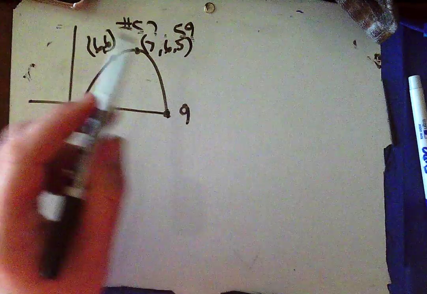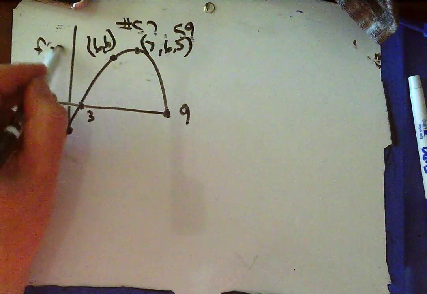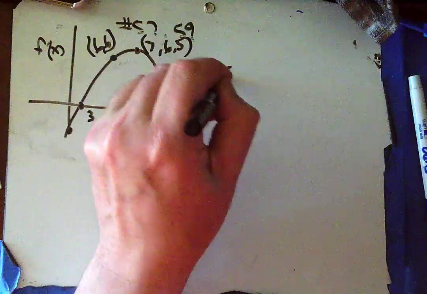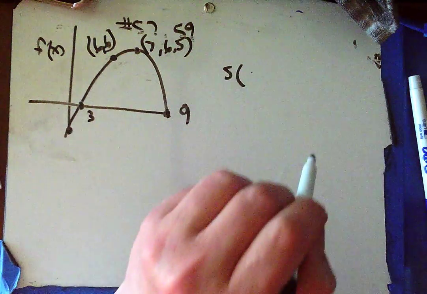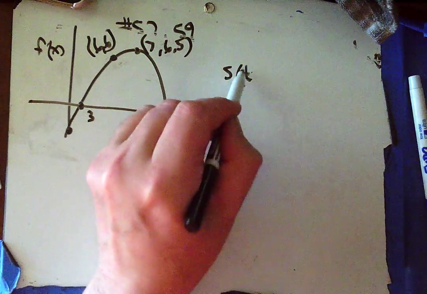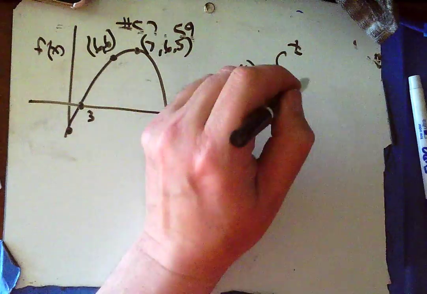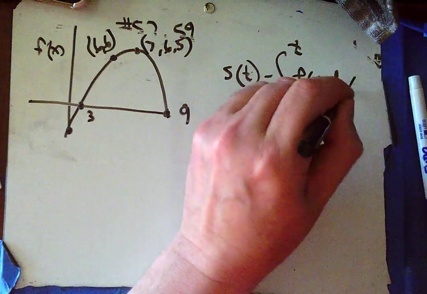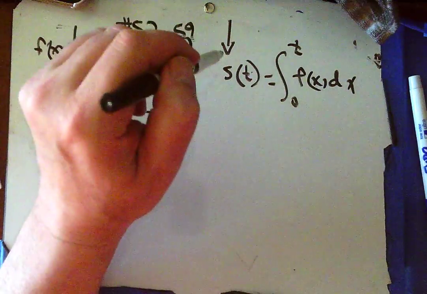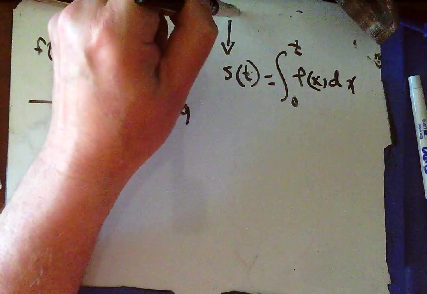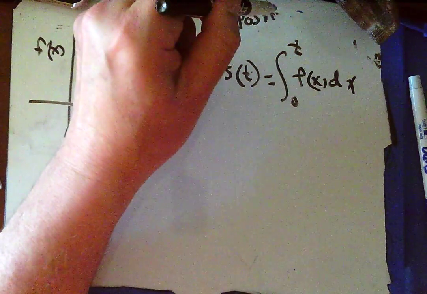And we're told that this is a graph, again, of f of x. And we're told that s of t equals the integral from 0 to t of f of x dx. And so I'm supposed to understand this s function as position.